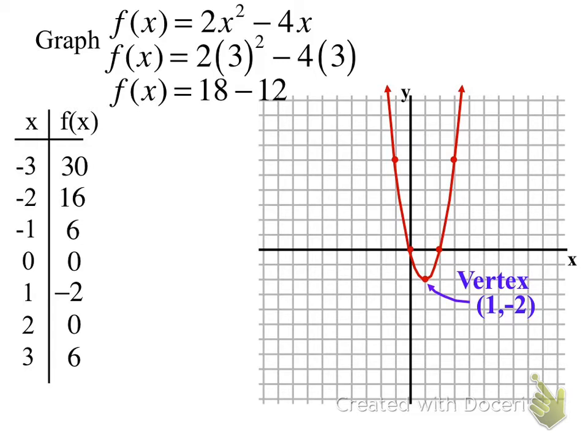Okay, what is my axis of symmetry? Hayden? X equals 1. It's going through 1 on the x-axis. So we say the AOS equals 1.